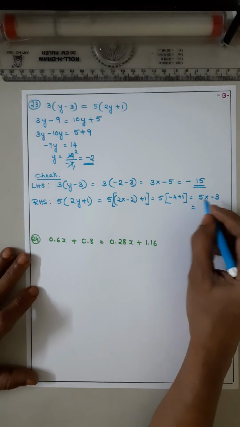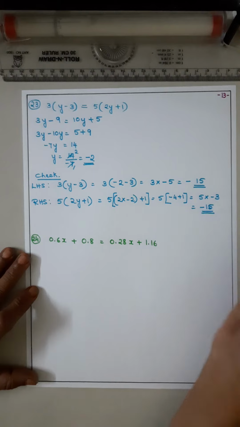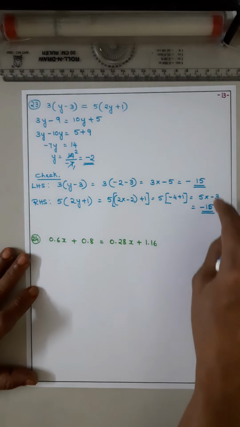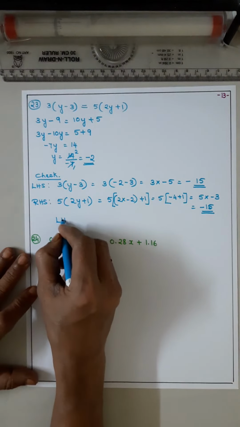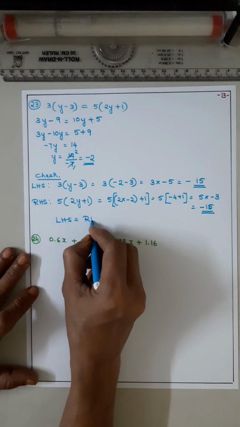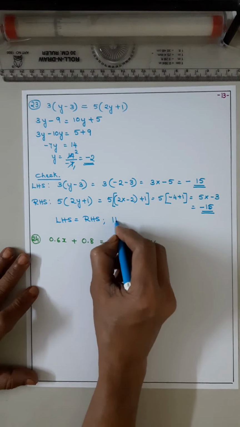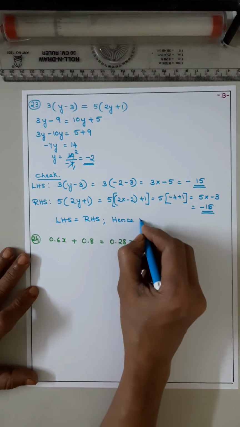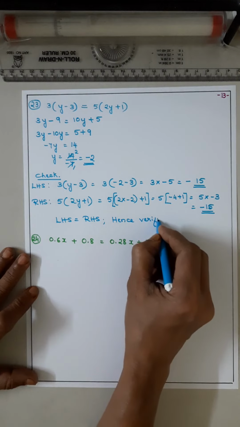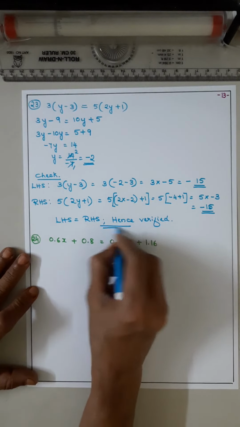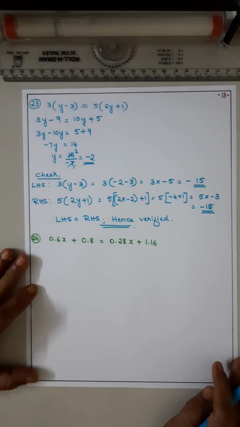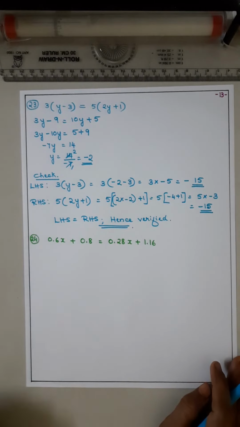That is 5 3s are 15, but it is minus. LHS is equal to RHS. Hence, verified. Clear? Hope everyone understood.